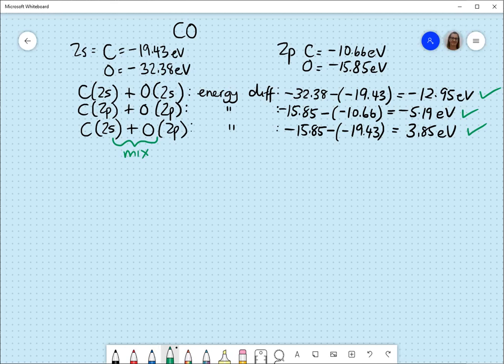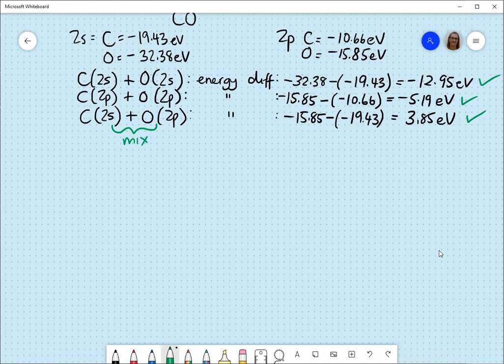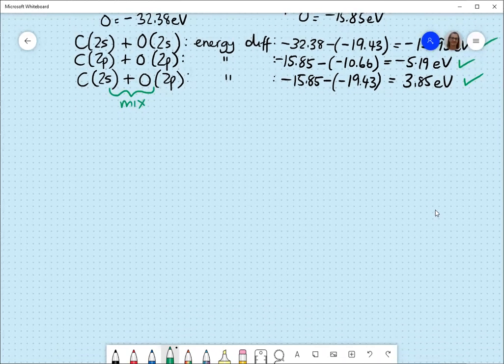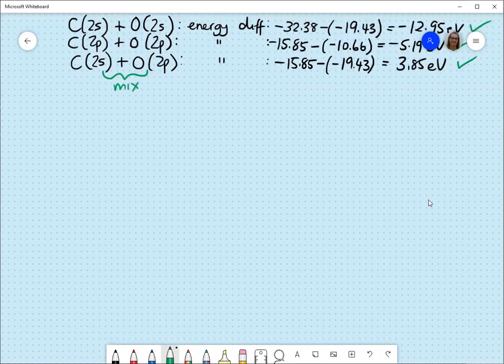So what we need to do now is construct the diagram. All right, let me just move this up a little bit so we've got some space. Now we want to draw the energy axis first, that's important. I'm going to put the carbon this side and the oxygen on this side. We're going to work with carbon first.